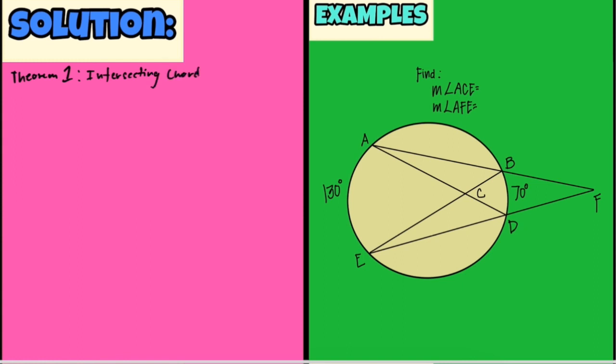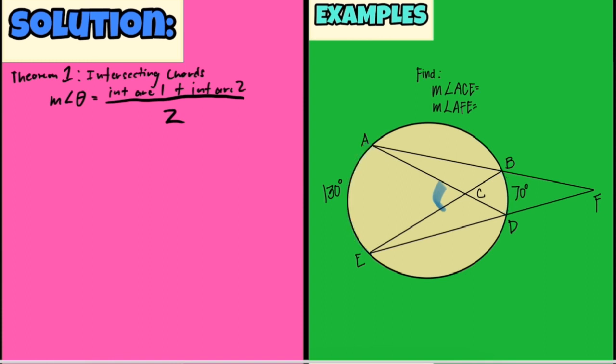The measurement of angle theta will be equal to intercepted arc 1 plus intercepted arc 2 divided by 2. In this case, if we're looking for ACE, that is our angle here, right? So if we're looking for this one, our intercepted arcs are AE and BD.